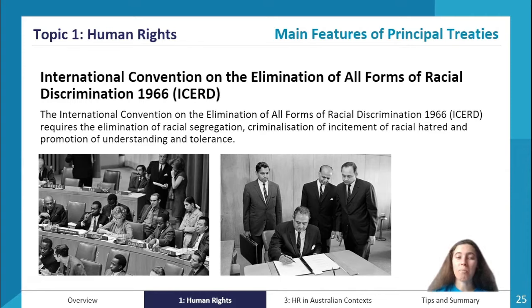So they want to get rid of racial discrimination and segregation in society. They are saying that inciting racial hatred is a criminal offense, and it's also saying that they want to promote understanding and tolerance in society, so we can all be united regardless of our race.